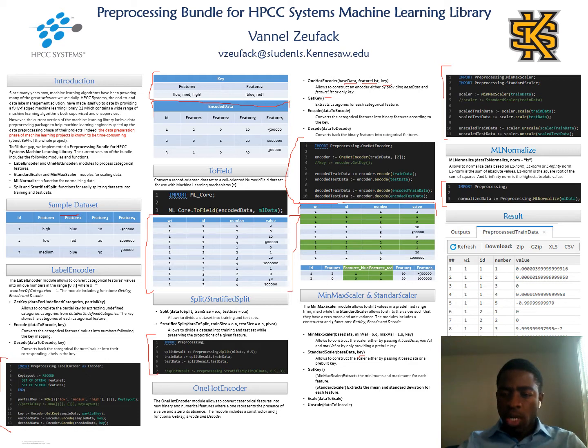Below you have the result among all the scaling, so among min-max scaler and ML normalize, just this is the result after normalizing the data set. This is basically the result after you have prepared your data set using most of our machine learning preprocessing bundle algorithms.